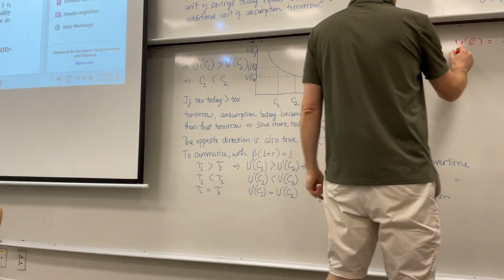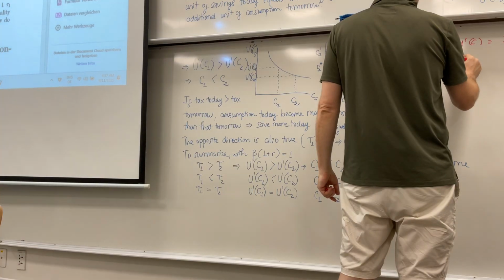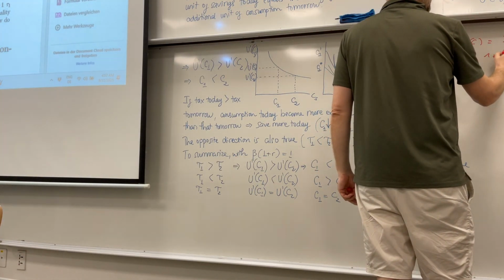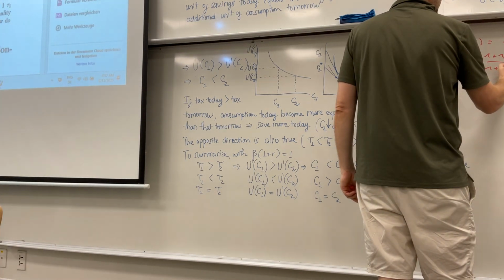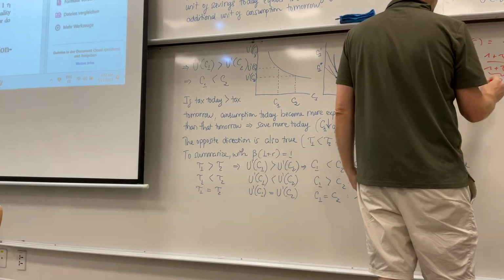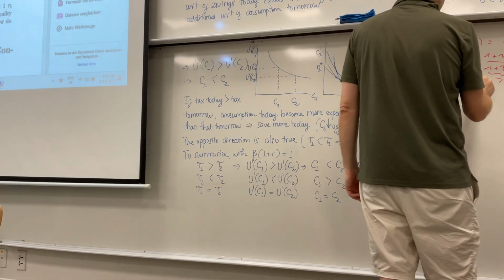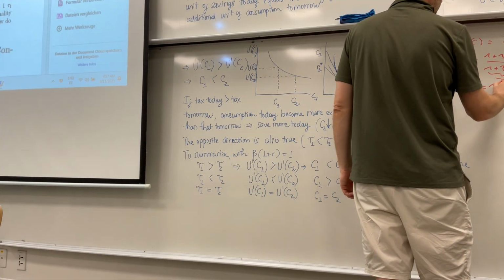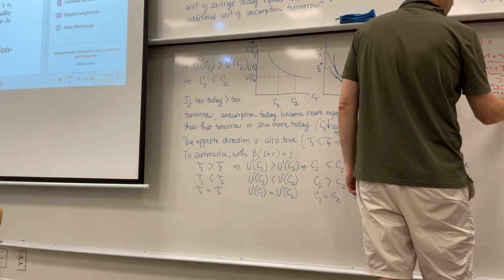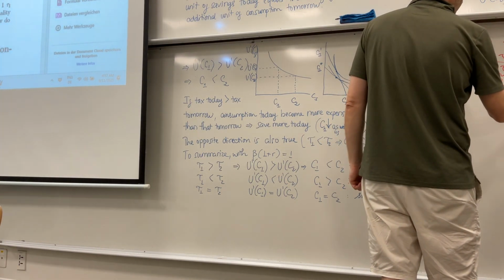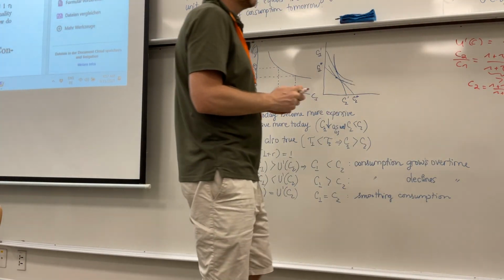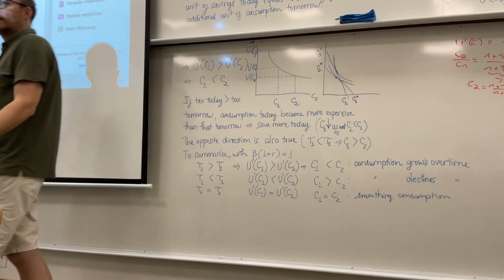Then we would get C2 over C1 equals (1 plus tau 1) over (1 plus tau 2). This was greater than 1. So C2 is greater than C1. I'm going to be hungrier today than tomorrow.